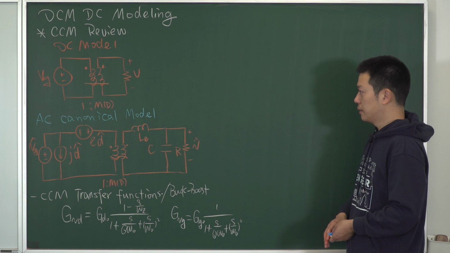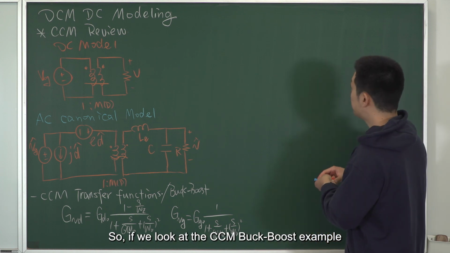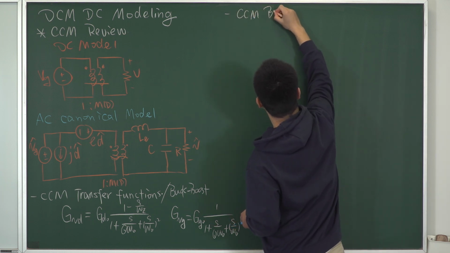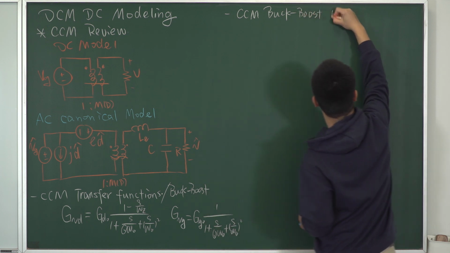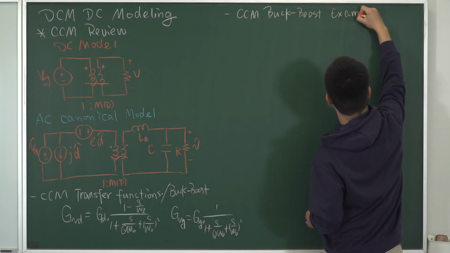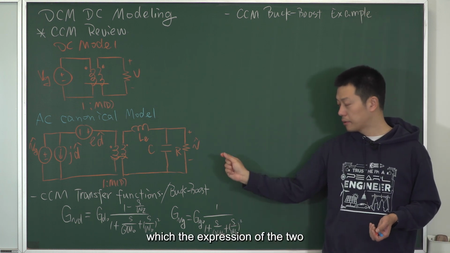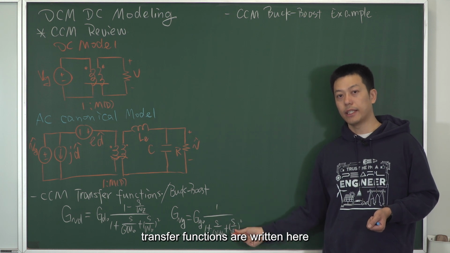So if we look at the CCM buck boost example, the expressions of the two transfer functions are written here.